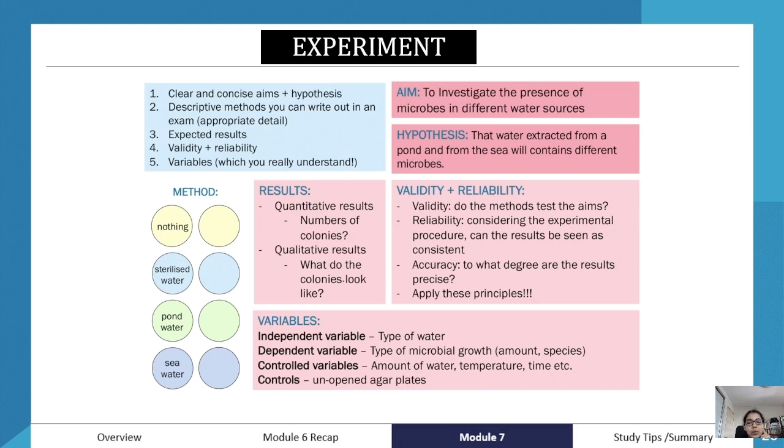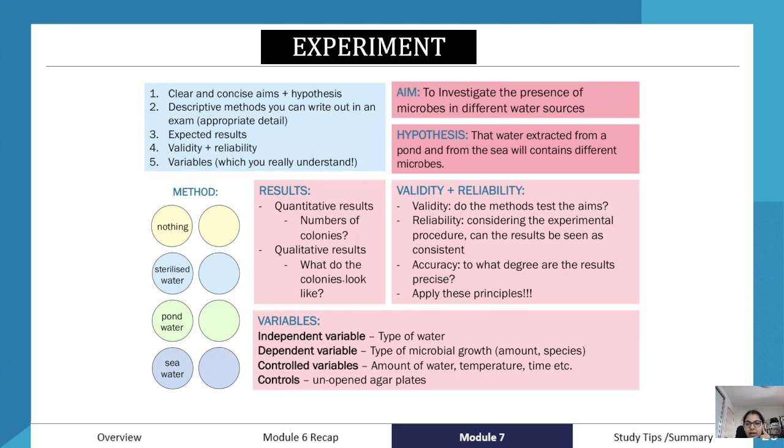So now we look at an experiment that you will do in class, which aims to investigate the presence of microbes in different water sources. This is just to give you a summary of what it might look like. Obviously, the results will differ based on the areas that you test and your experimental design.